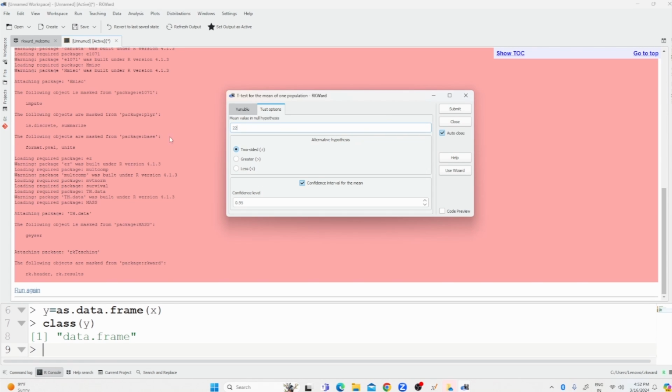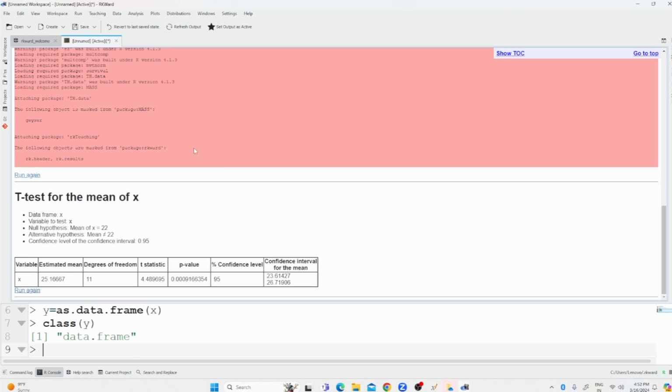And let's find the value again. Now please see, the moment we wrote 22, the p-value is comparing with that x minus mu. The t statistic changed. Now it comes at 0.0091, which means this is much less than 0.05.